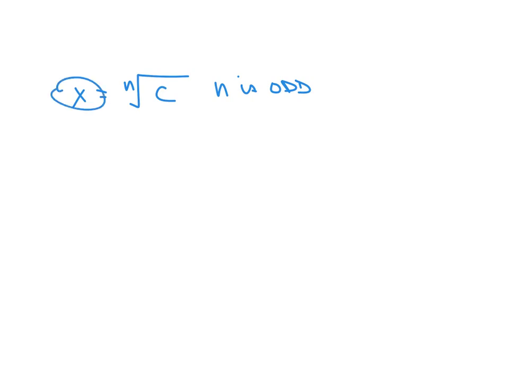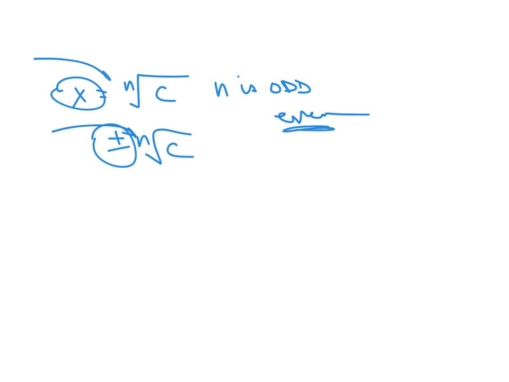If n is even, we get plus or minus the nth root of c. Okay, so we get plus or minus there if our index is even, and we get just the positive, called the principal root, if that n is odd.